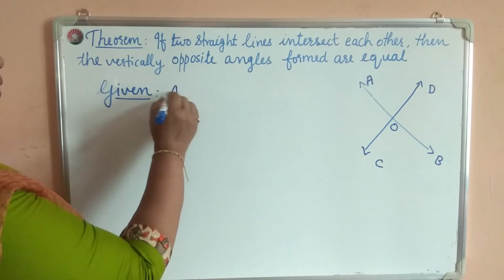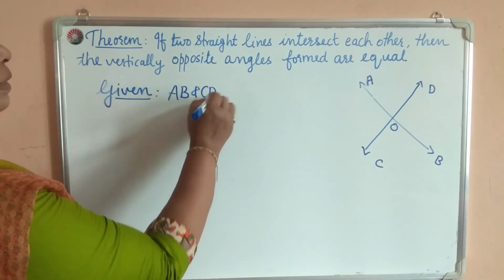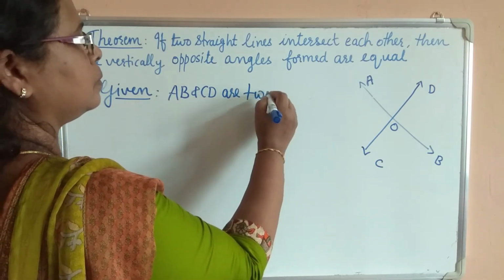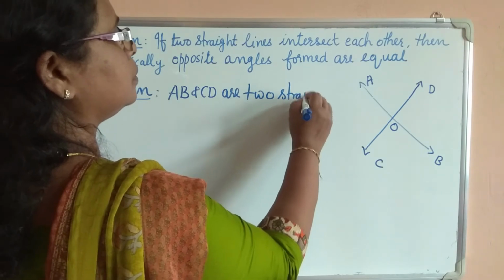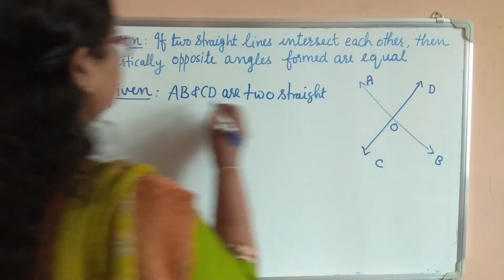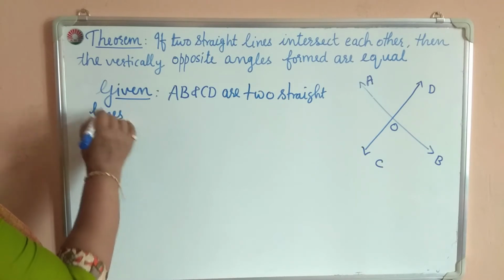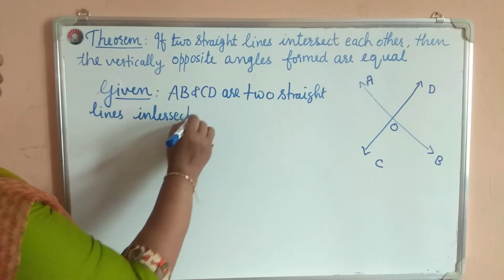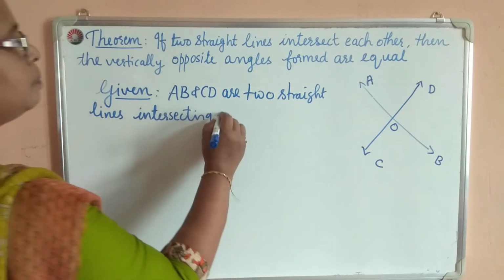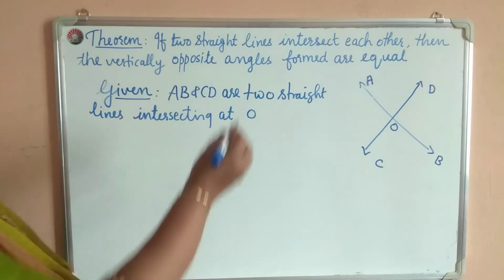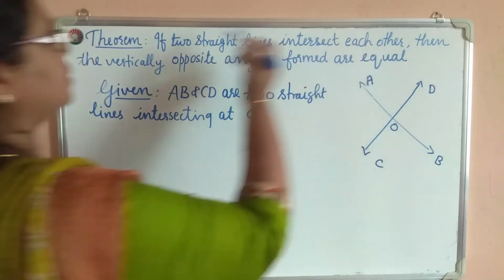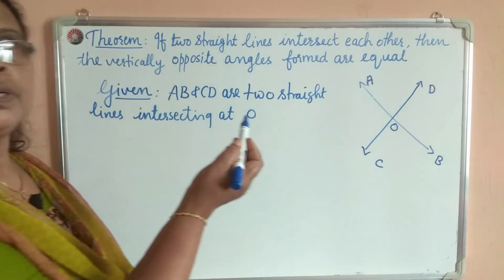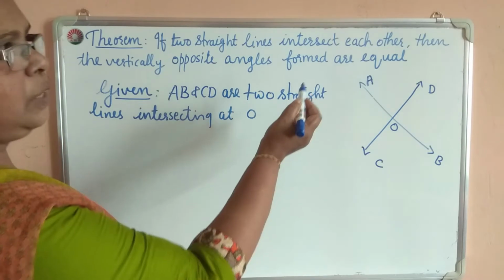Given: AB and CD are two straight lines intersecting at O. And in the statement, if two straight lines intersect each other, then the vertically opposite angles formed are equal. So which are the vertically opposite angles?